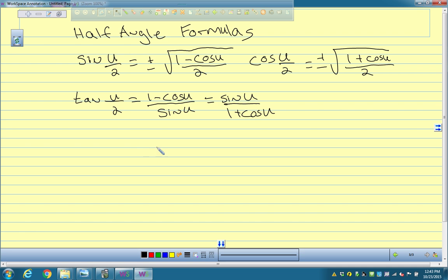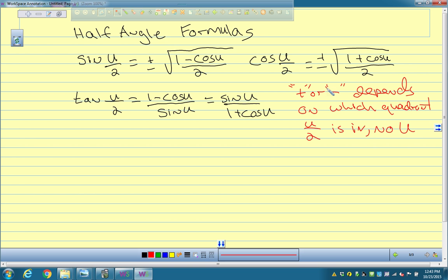The important thing to know is that the plus or minus depends on which quadrant u over 2 is in, not u.